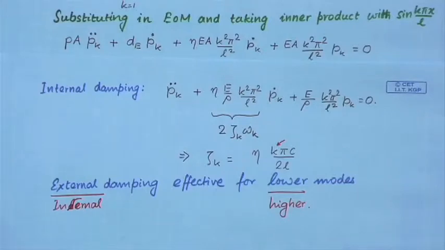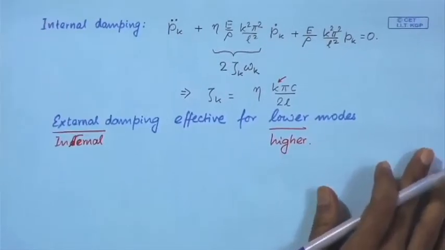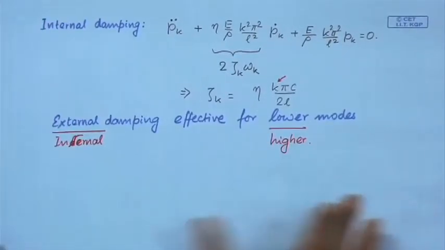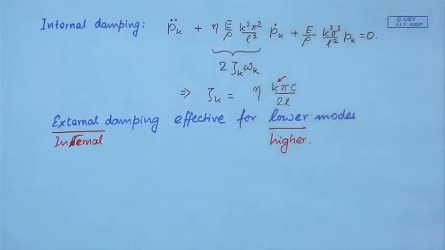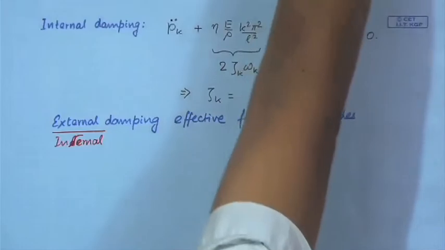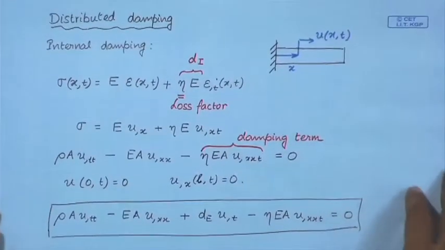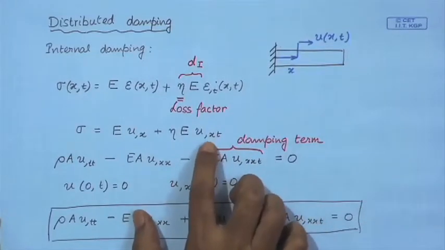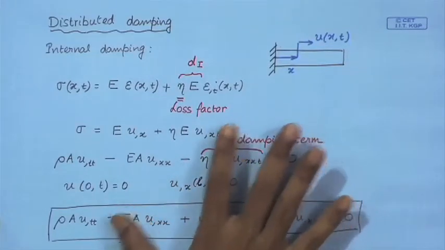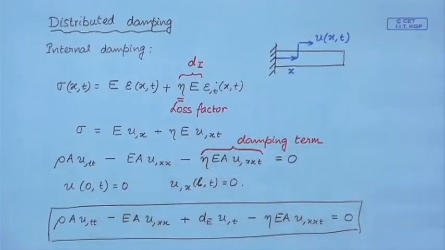Now, to understand this, you have to look at the expression of, say for example, the internal damping. So, we have seen already that this internal damping, the way we have introduced, is strain rate dependent.